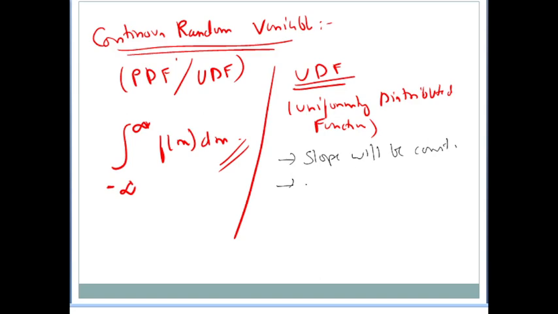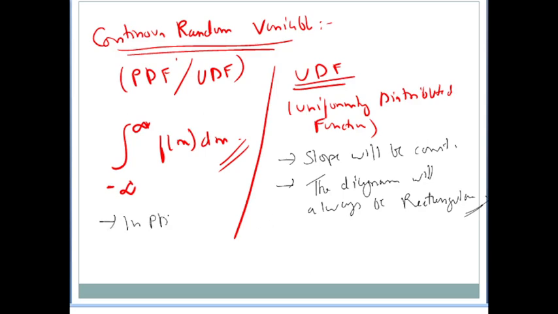The diagram in case of UDF will always be rectangular, whereas in case of PDF it can be of different shapes.